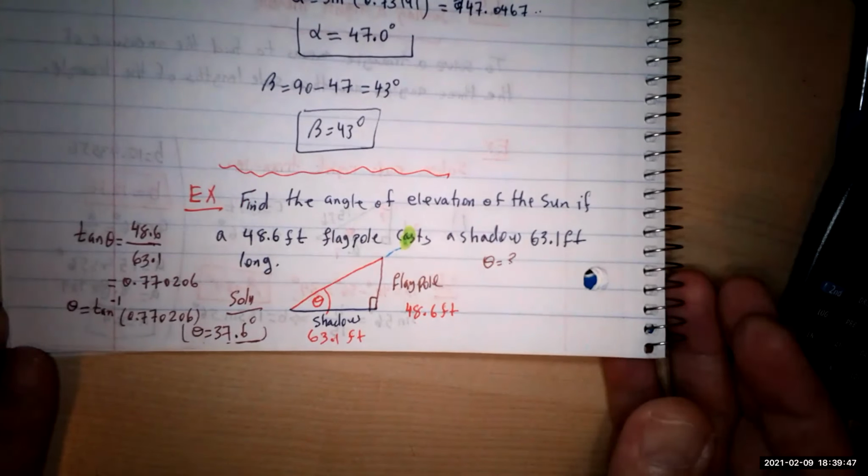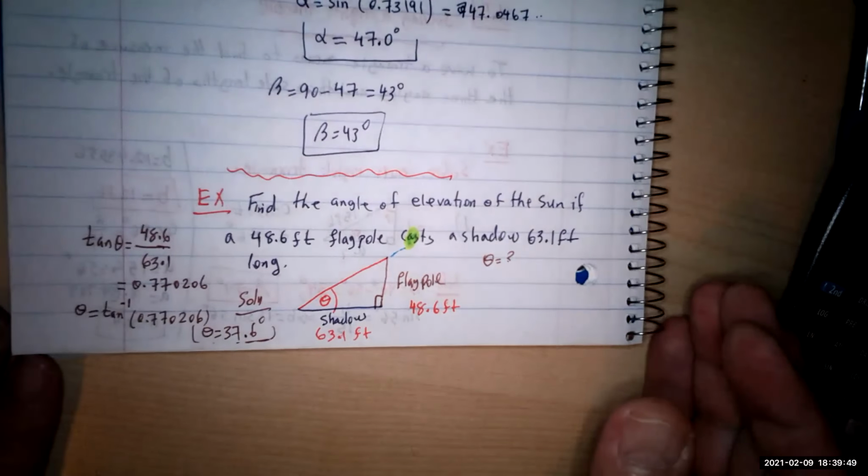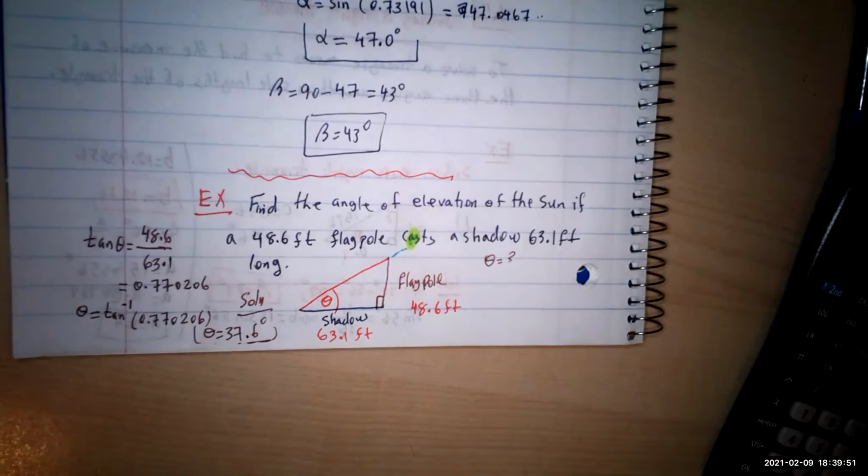Okay, so if you locate your angle on the XY coordinates, you know that an angle would have a vertex, an initial side and a terminal side.